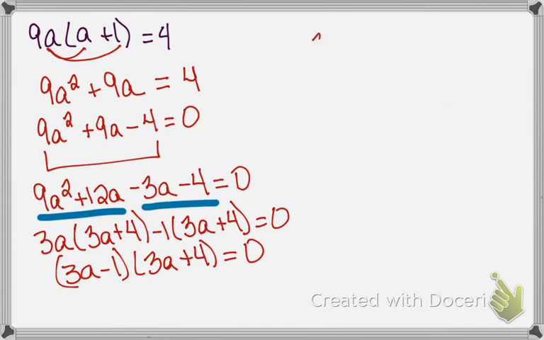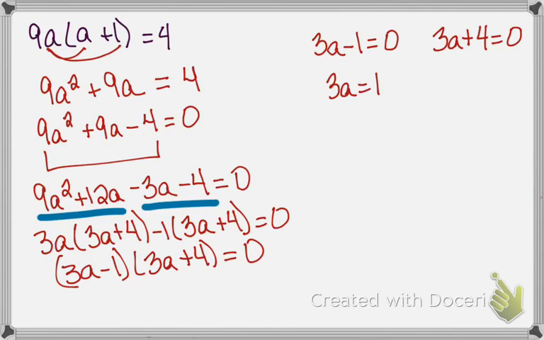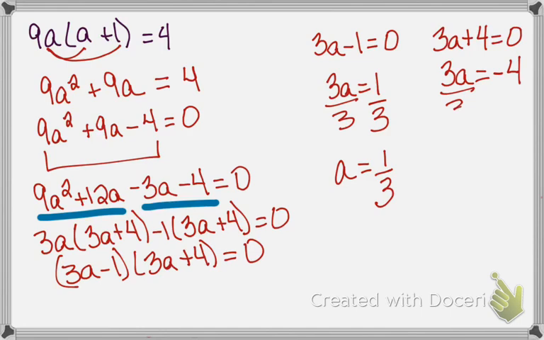So I have 3a minus 1 equals 0, and 3a plus 4 equals 0. 3a equals 1. Divide both sides by 3. A equals 1/3. 3a equals -4. Divide both sides by 3. A is -4 over 3.